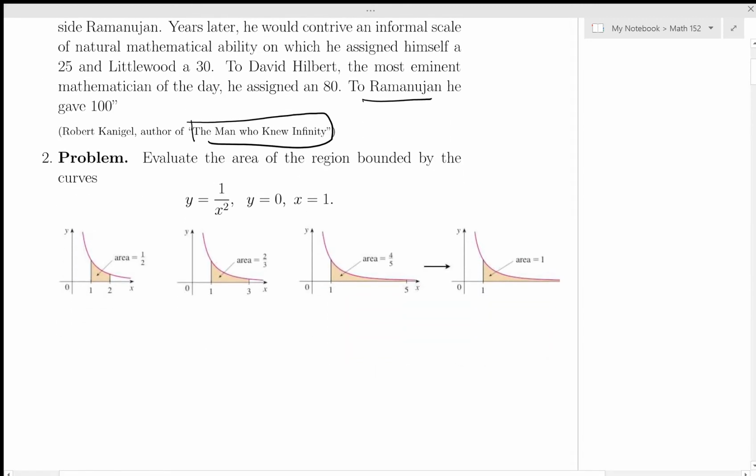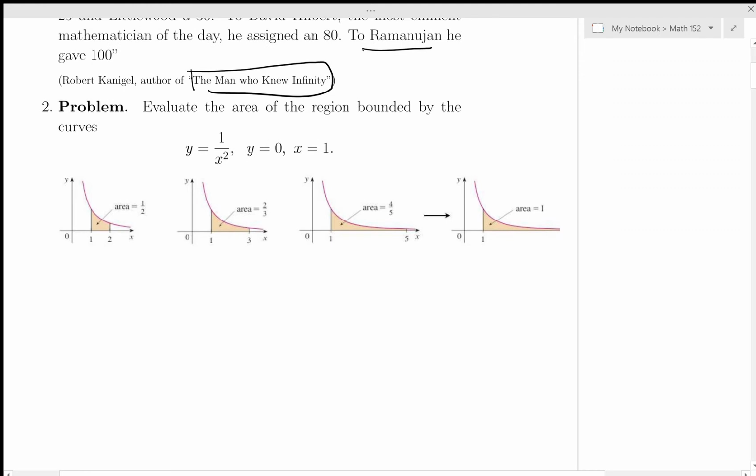What we're going to try to do is evaluate the area of a region bounded by 1 over x squared, y equals 0 and x equals 1. Hang on, I think I'm lying to you. Let me sort this out.